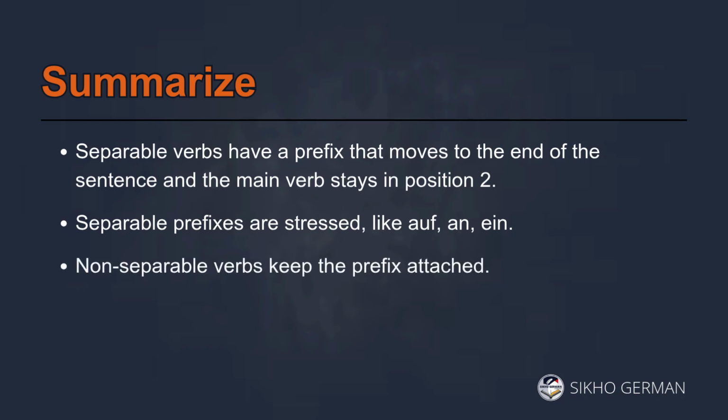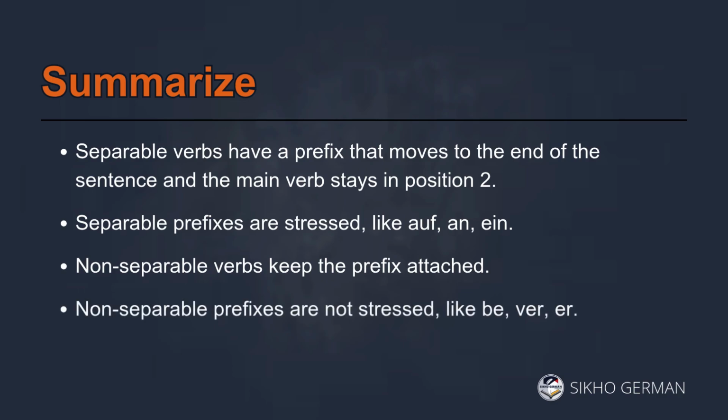Non-separable verbs keep the prefix attached to the verb in position 2. Common non-separable prefixes are unstressed, like be, ver, and ent. Take a moment to review your notes on these two verb types. They are incredibly common in everyday German.